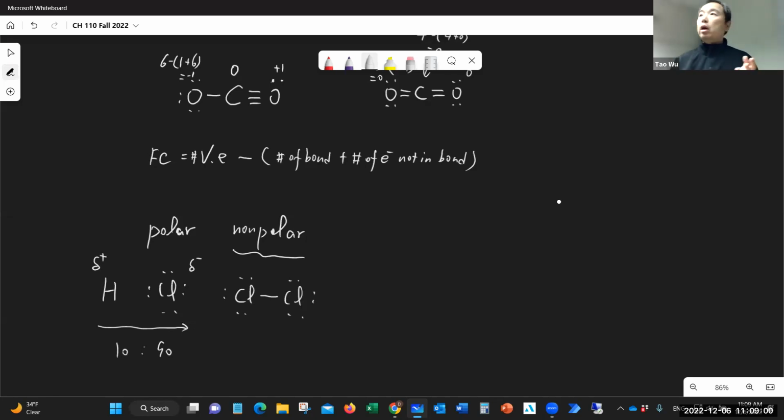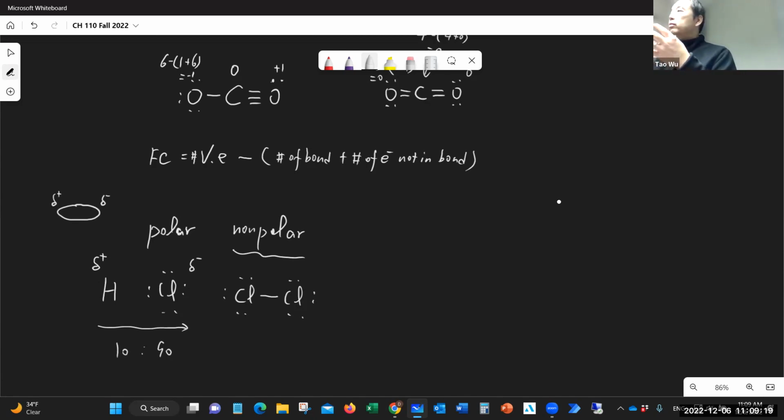And the reason we call it polarity, or polar, is that in the whole molecule, on the chlorine side, they have a partial negative charge. The other side has a partial positive charge.